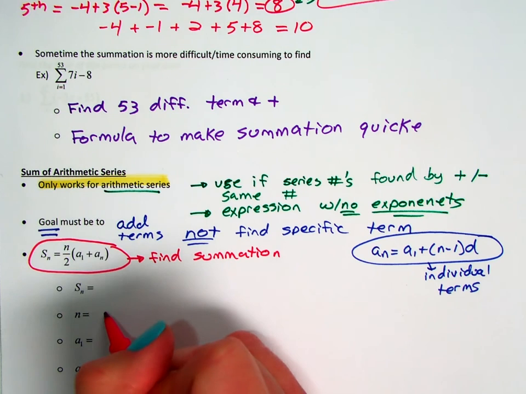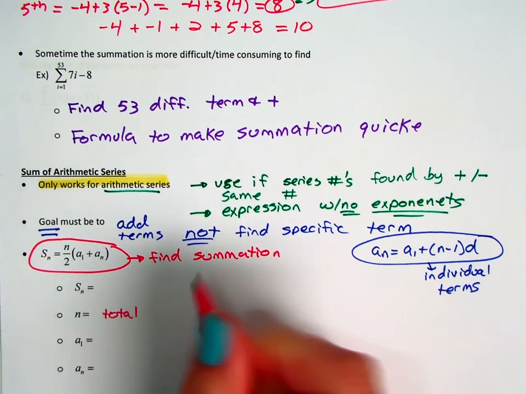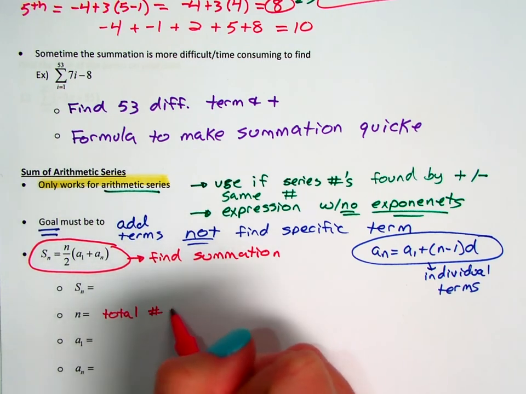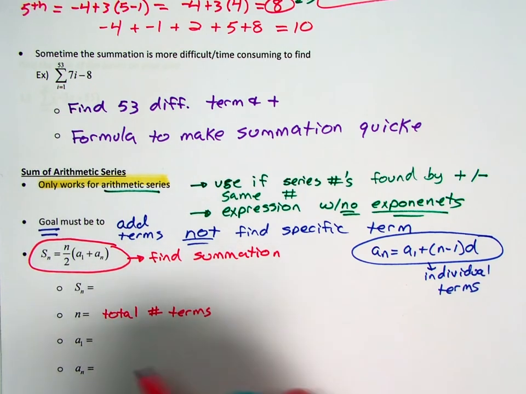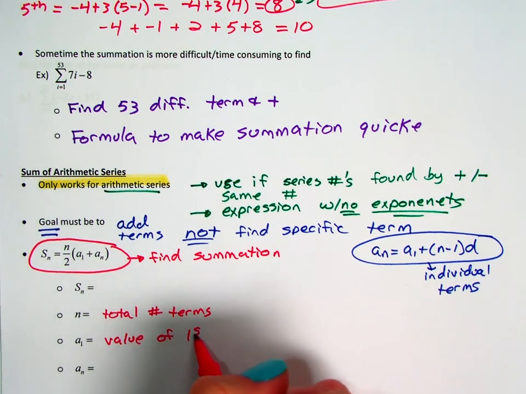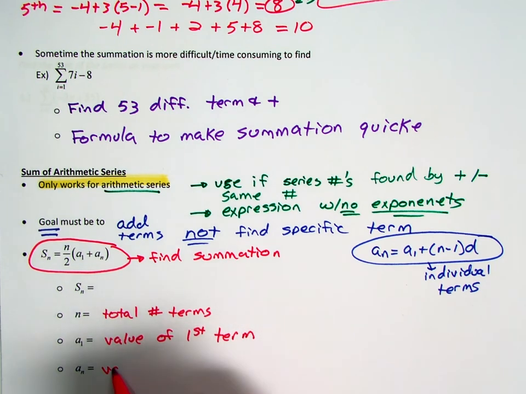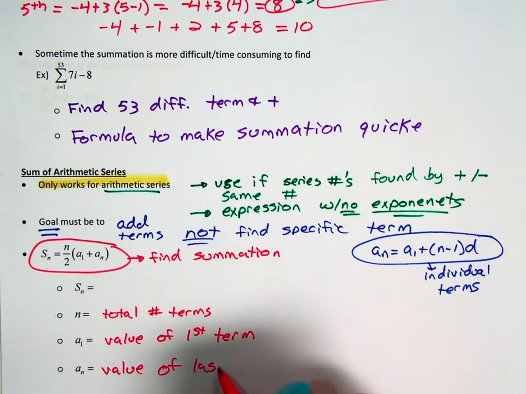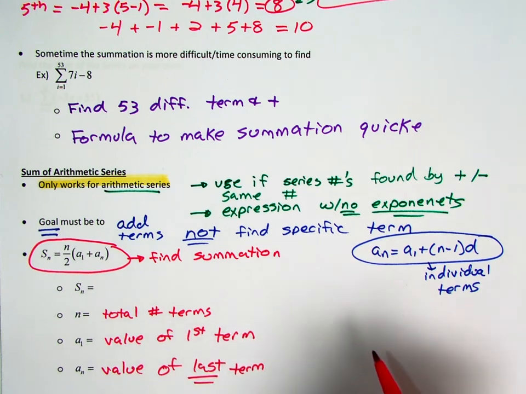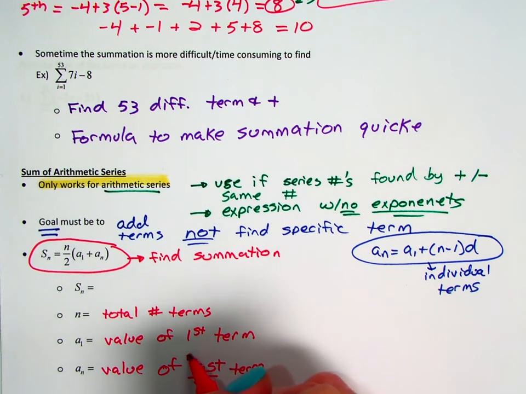Other than that, a lot of this stuff really means the same thing. So the n is the total number of terms. The a sub 1 is the value of the first term. A sub n means the value of the last term. Right? Well, technically it means the value of the nth term.